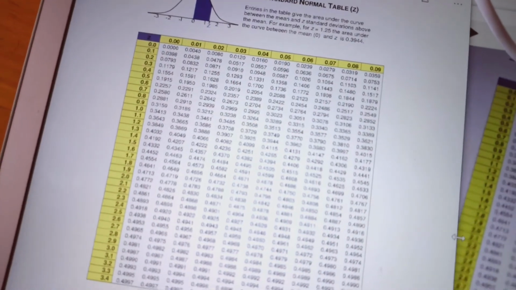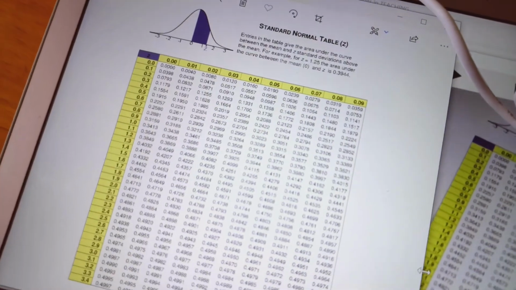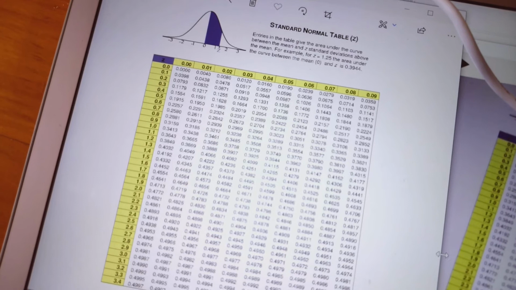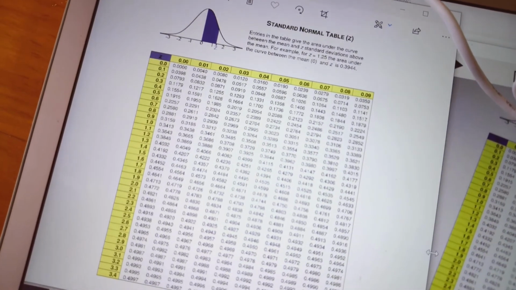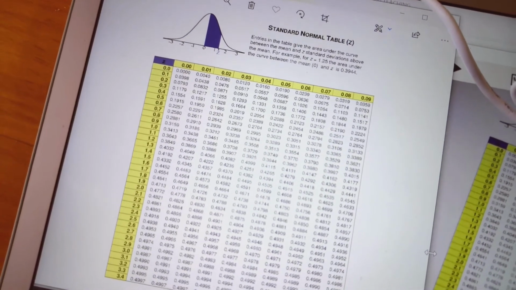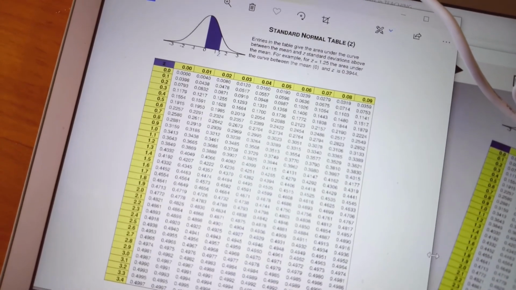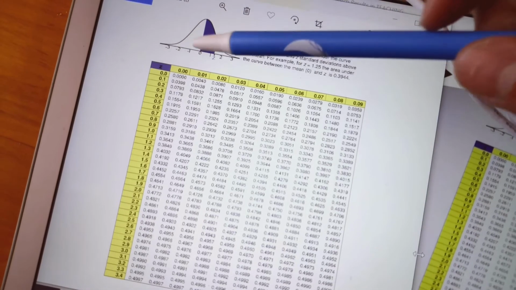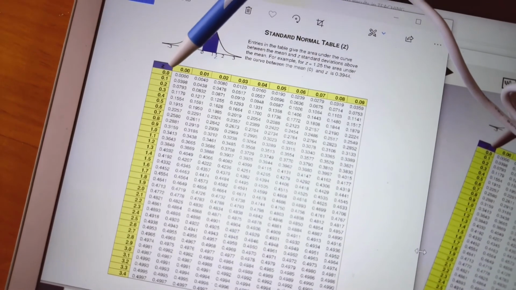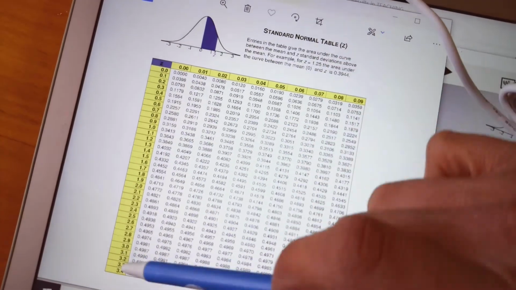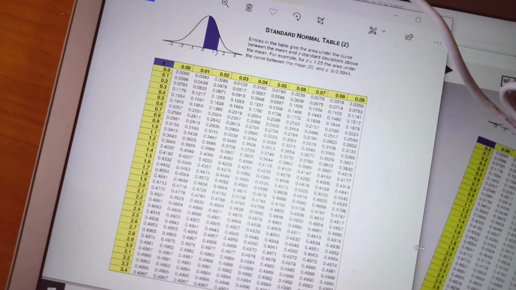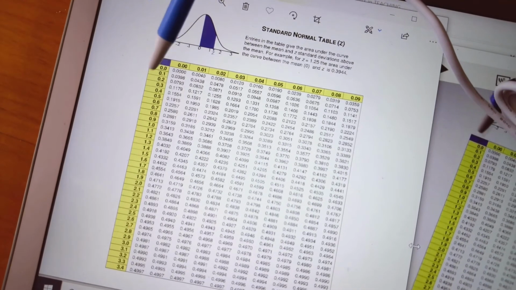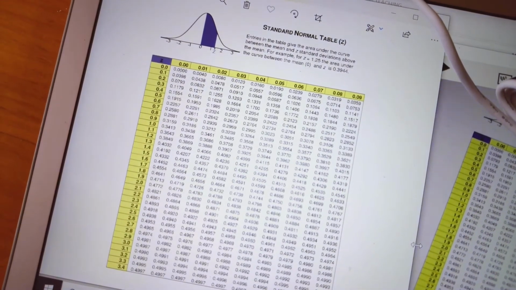Okay, so this is what a z-table looks like. And this is what I'm going to be posting to Blackboard for you to use in the problem set. So what the z-table shows on it are different z-scores and the areas that correspond to each one. This little purple box here says z, and then we have numbers going down in this column and then out towards the right. What these numbers show you are the first two digits in your z-score and then the third digit in your z-score.